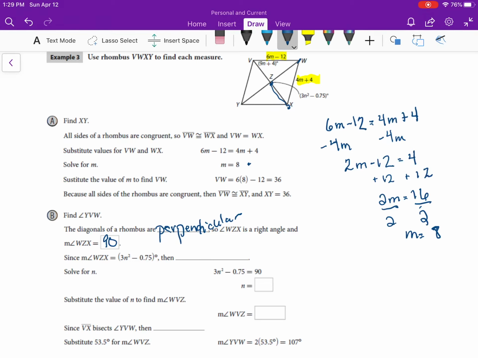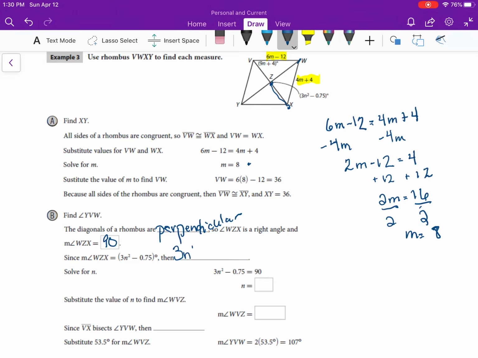Now, I know it is telling me in my diagram that WZX is 3n squared minus 0.75. So I get to plug in that being equal to 90 degrees.